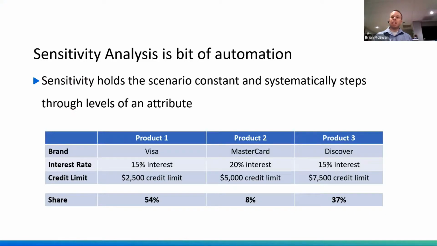What a sensitivity does is we're going to identify an attribute of interest, hold everything else constant, and then systematically step through all of those levels and visualize the connection between how share changes versus how the configuration changes. So for example, we might say, let's do a sensitivity analysis on the credit limit attribute of product 1.